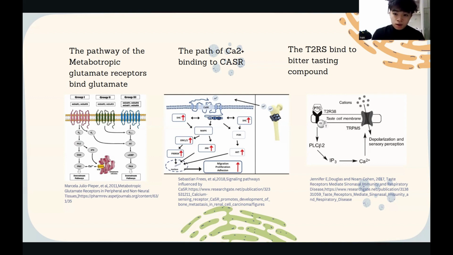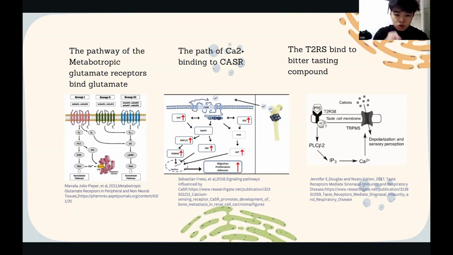And the last one would be the T2Rs binding to the bitter tasting compound. As previously discussed, the bitter tasting compound will bind to the T2Rs, which are a family of G protein coupled receptors responsible for detecting bitter compounds.